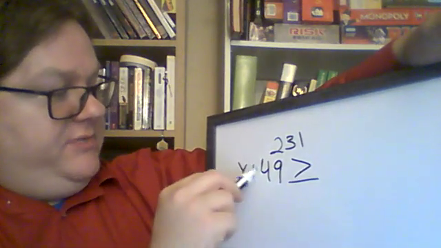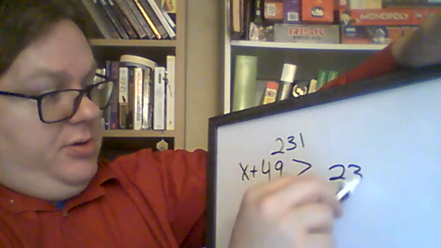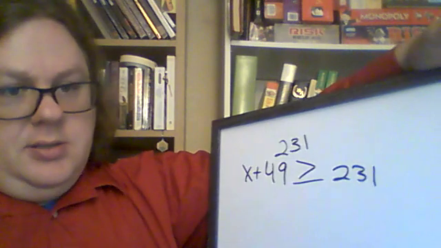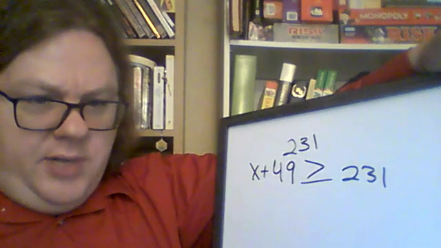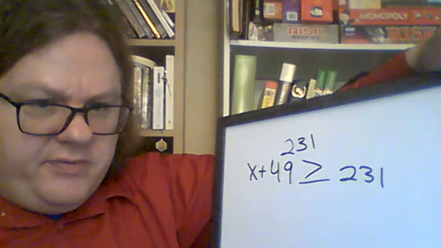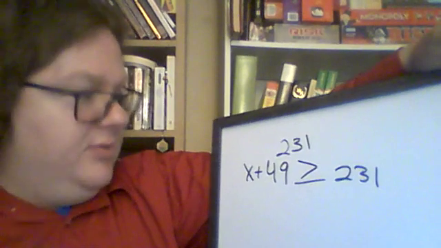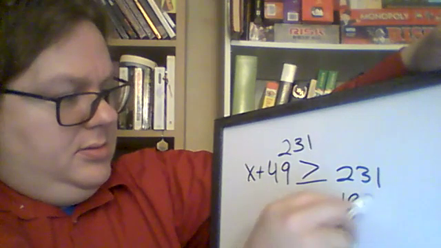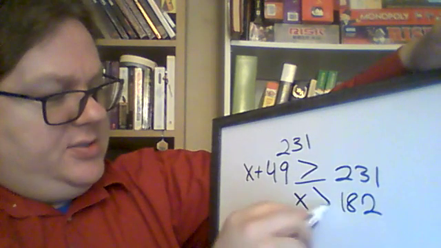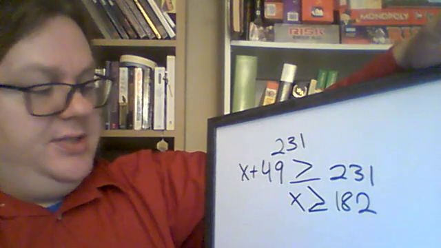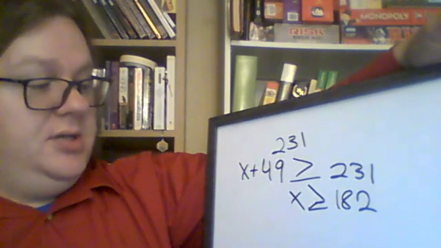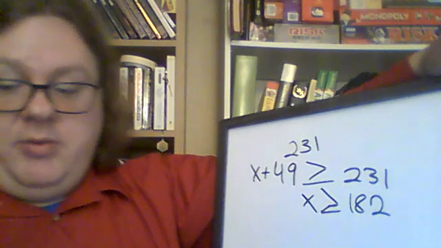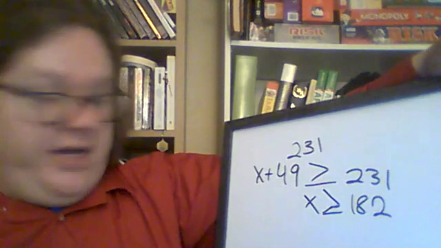X plus 49 is greater than or equal to 231. It's 182. X is greater than or equal to 182. If he can make $182 more or more, then he'll be able to buy the bike he wants or a better bike.